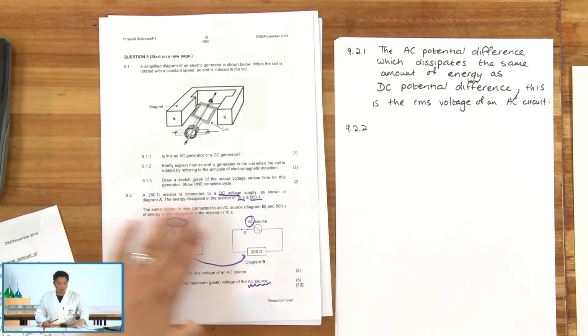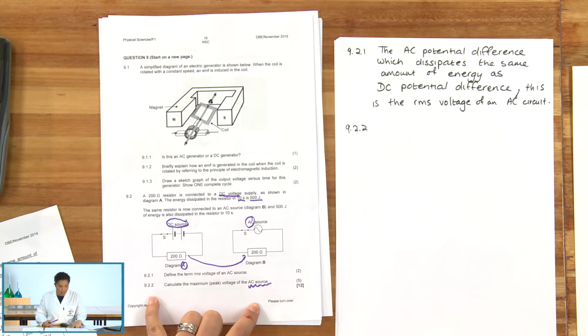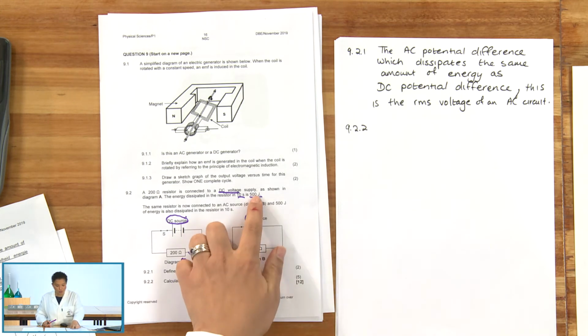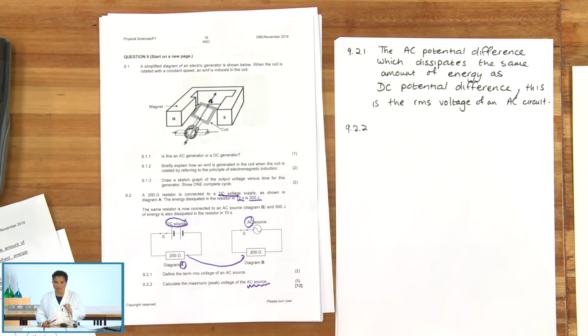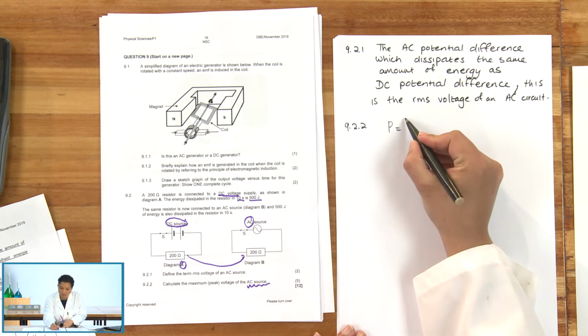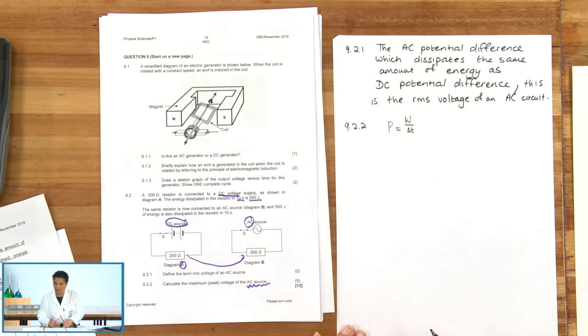If we look at all the information that they've given us, nowhere have they spoken about V max. But alarm bells, we've got joules, we've got time, and we know that power is equal to the rate at which work is being done.